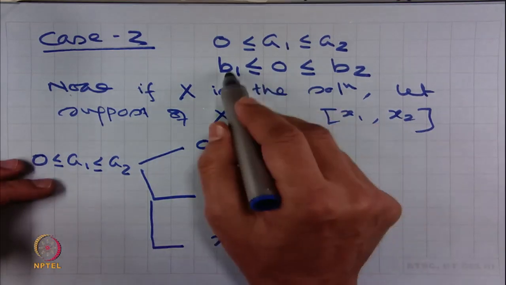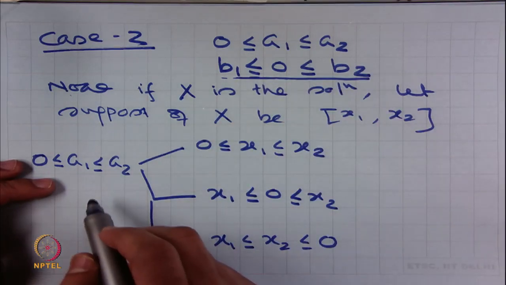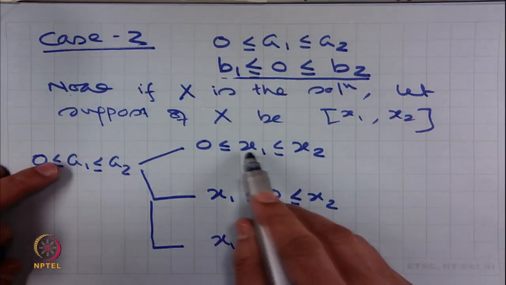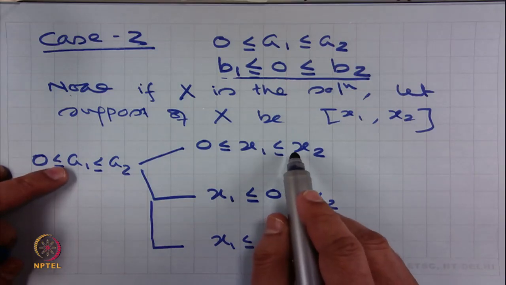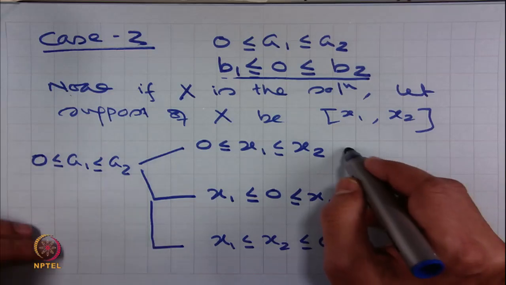But you note that my B is from negative to positive. So, if we multiply, let us see whether we can get this or not.